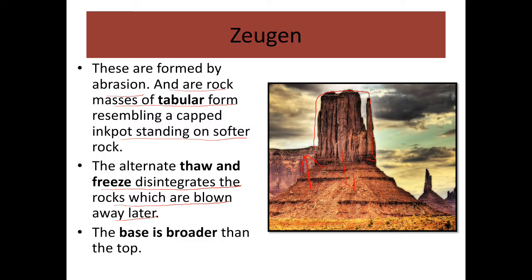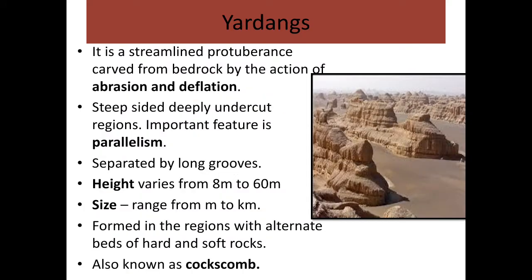Because of the disintegration, the rock particles become smaller and are blown away later by the wind, and the base is broader than the top. So here we can see the base is broad where the top is narrow. This is called Zeugen. So this is erosional.